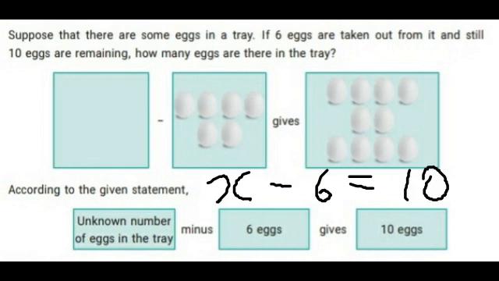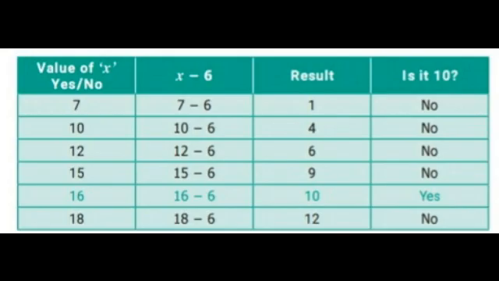So x minus, the symbol we used, minus. How much did we take? 6. Gives means equal to. So x minus 6 gives 10 means x minus 6 equals 10, where x denotes the unknown number. Now we will find the value of x. Simply keeping in mind that unknown number minus 6 is equal to 10, we don't know how to find it directly.